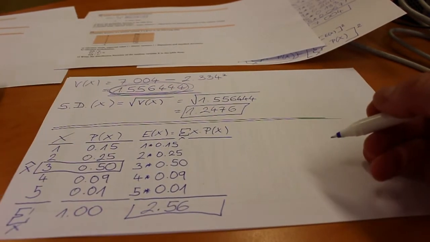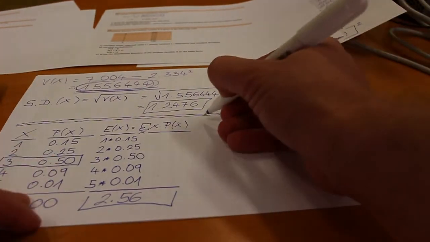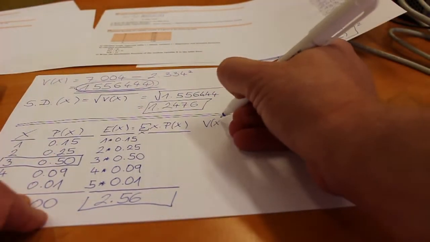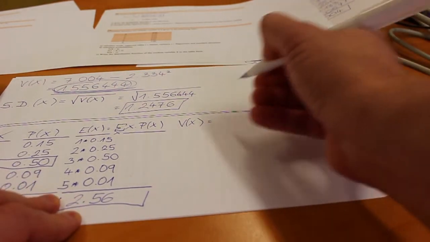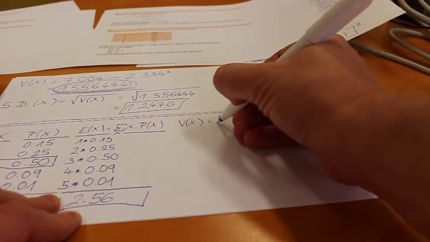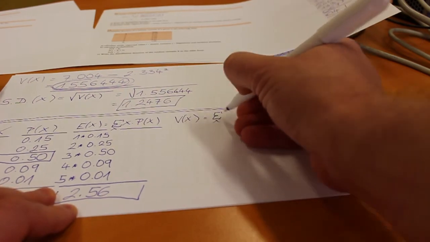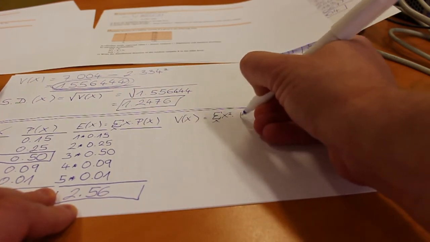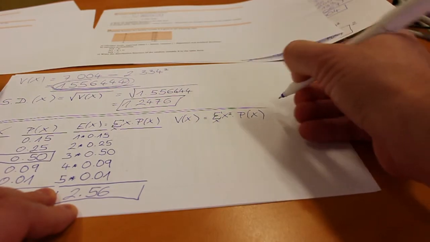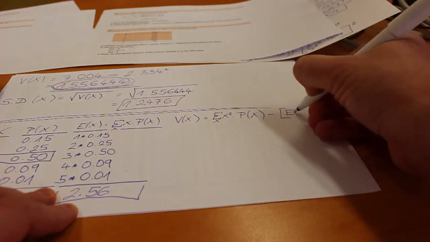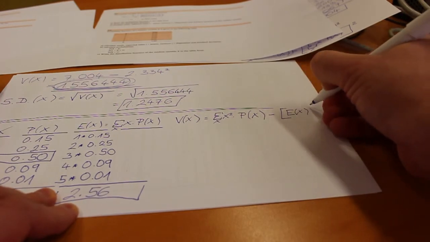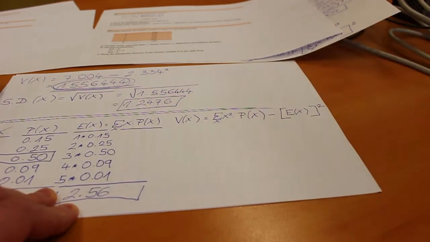And for dispersion, for variance Vx, I need to calculate the summation through all x squared times px, minus the squared parenthesis, and there is the expected value squared.